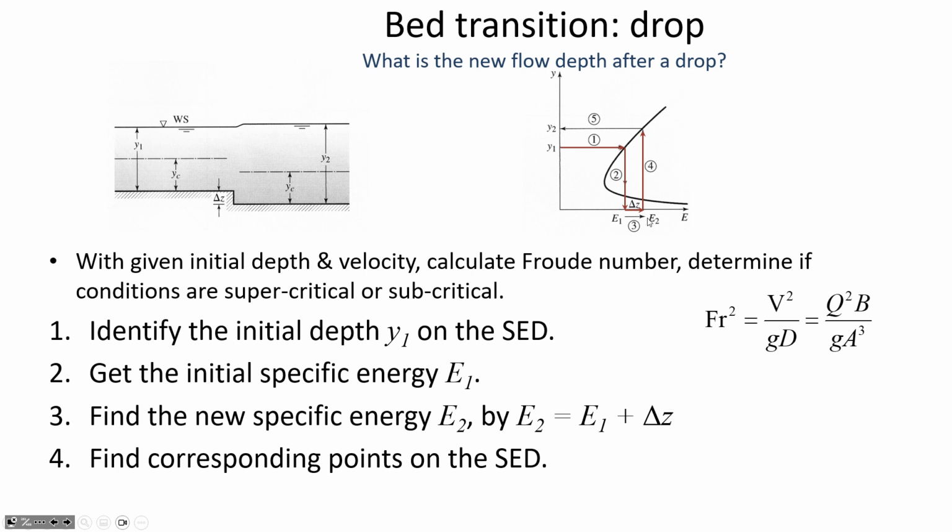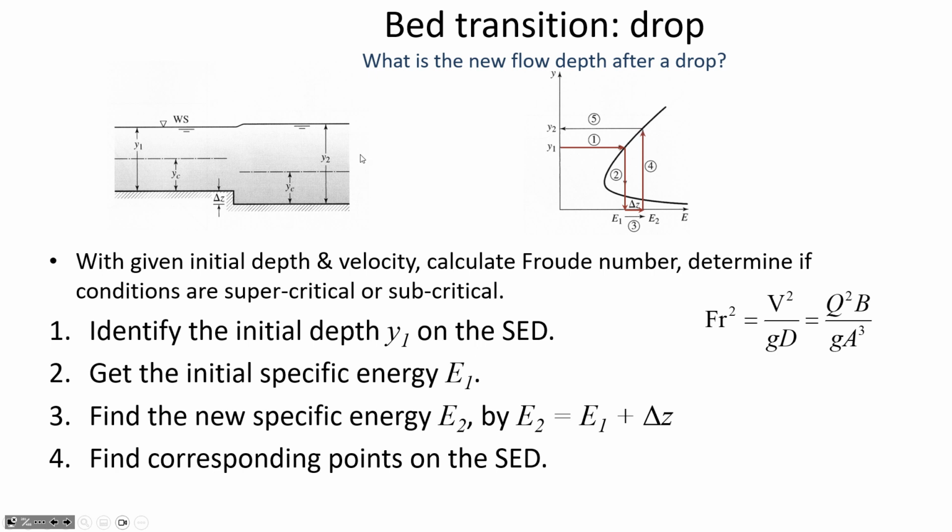across the specific energy diagram. There's two crossing locations. In other words, we're solving for what's the new flow depth going to be, and we choose this flow depth of the two options. The options are a supercritical depth or a subcritical depth.